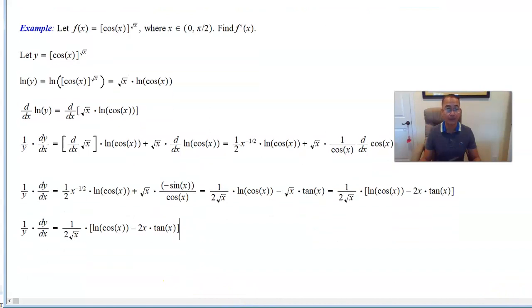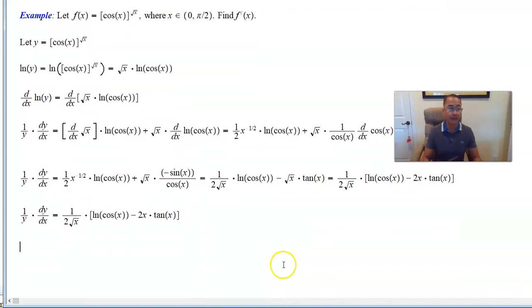We now can solve for dy by dx, bring the y over to the other side. So dy by dx equals y times, big bracket, 1 over 2 square root of x, and so on. What is y? Oh, wait a minute. y is over here.